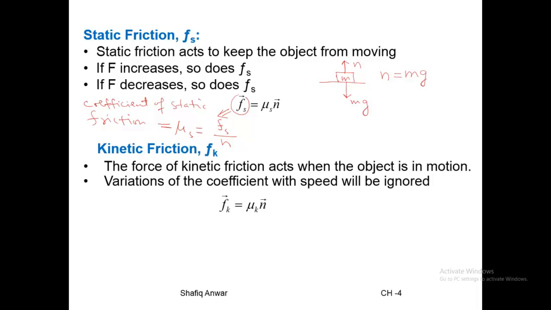Force in Newton, and normal force, which is equal to mg in this case, again Newton. So no unit for mu sub s. Now kinetic force of friction acts when the object is in motion. So we have this rule again, the coefficient of kinetic friction is equal to F sub k over the normal force. Again, no unit, right?